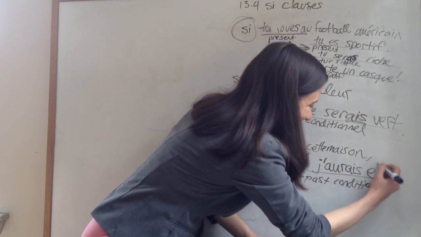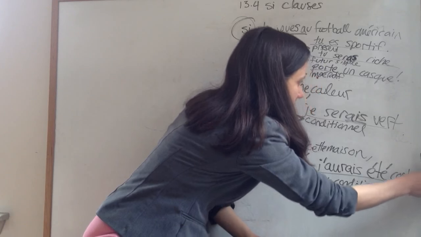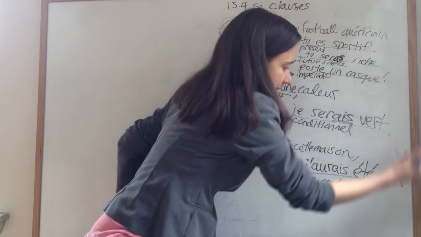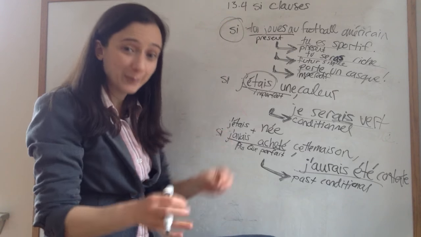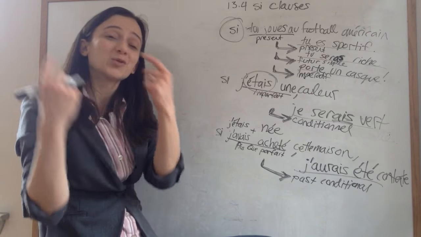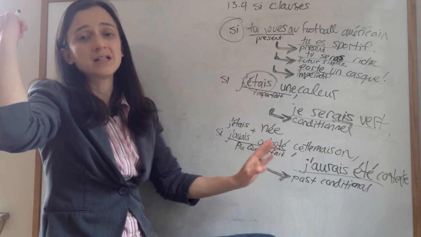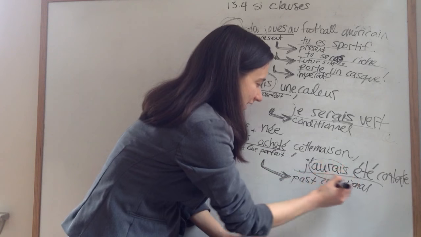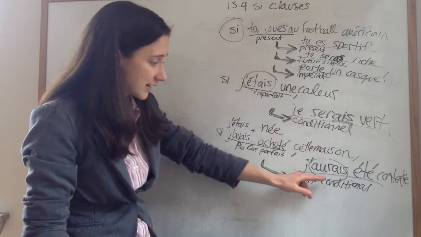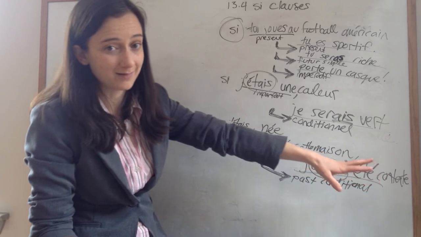J'aurais été contente. I would have been happy. Again, contrary to past fact, if I had bought the house in the past, already done, I would have been happy. We have our conditional with avoir, and then we have our past participle. I would have been happy.